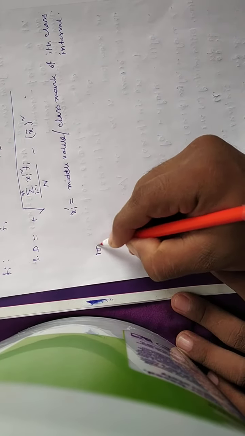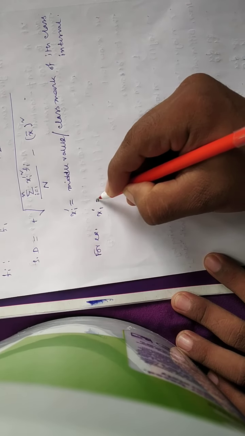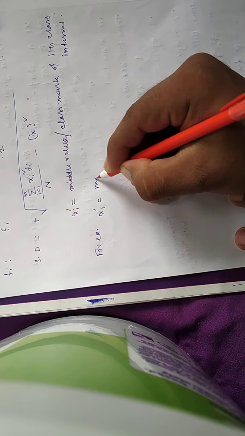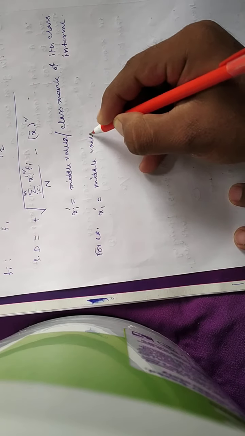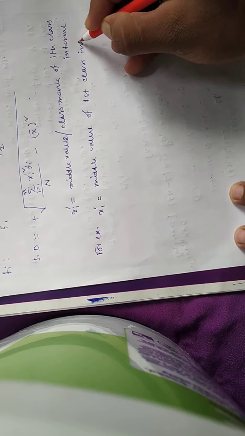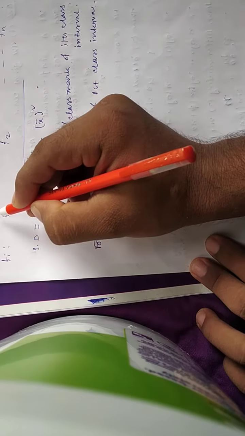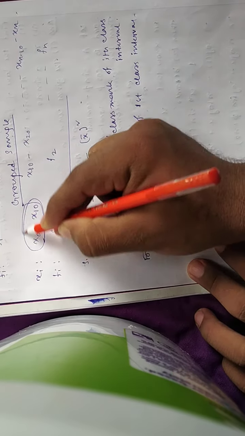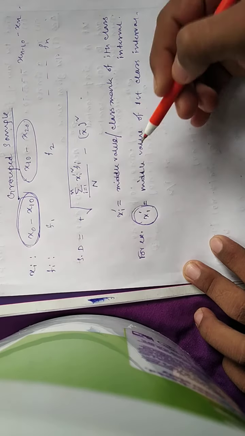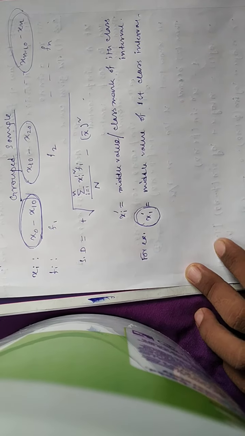For example, x1 dash is the middle value of the first class interval, x2 dash is the middle value of the second class interval, and xn dash is the middle value of the nth class interval. Okay.